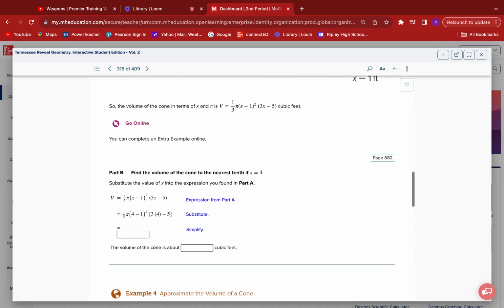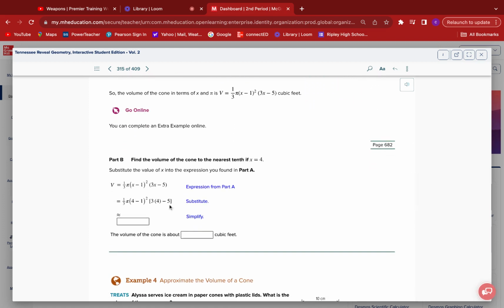Woo-woo! All right, we got to do a little plugging and chugging with a 4. So every time you see an x, replace it with a 4. So 4 minus 1 is 3. 3 squared is 9. 1/3 of that would be 3. That goes back to being 3. All right, 3 times 4 is 12. 12 minus 5 is 7. All right, 7 times 3 would be 21 pi.